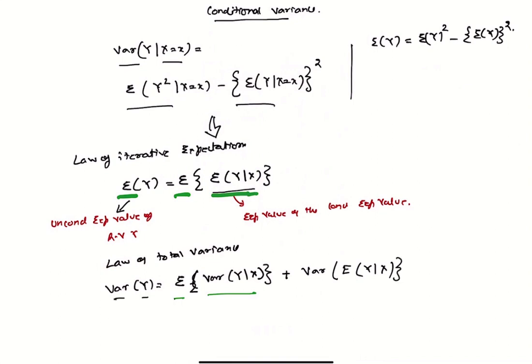So the unconditional variance of y is the expected value of the conditional variance of y given x, plus the variance of the expected value of y given x.